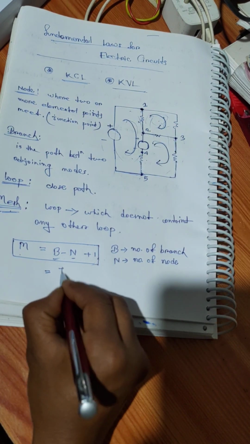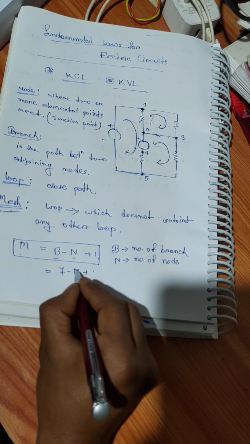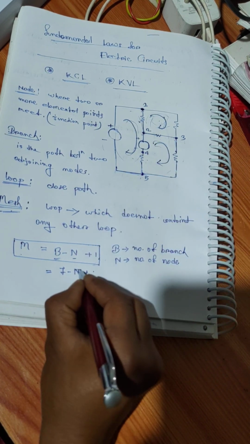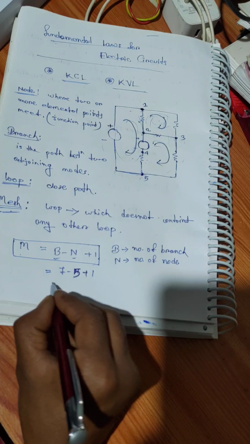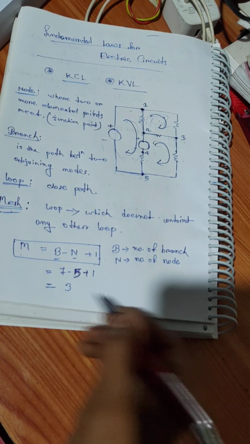So m is equal to 7 minus 5 plus 1, so it will come to 3.